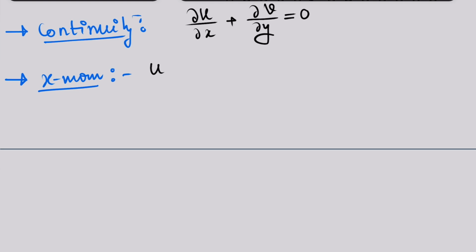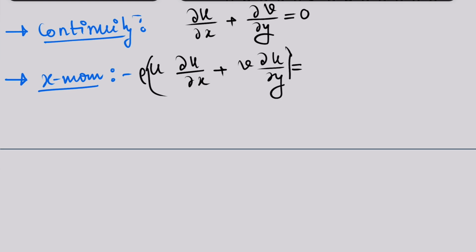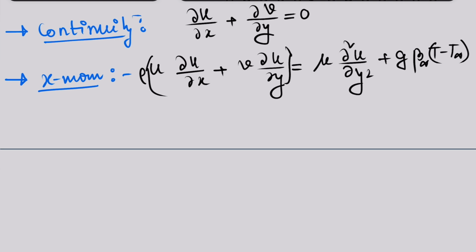Now, if the flow is steady, then the equation will be this: rho into this equal to minus del p del x, and I have already shown you that this we can write as the viscous term and g beta infinity, T minus T infinity, into rho infinity, if I am not wrong.